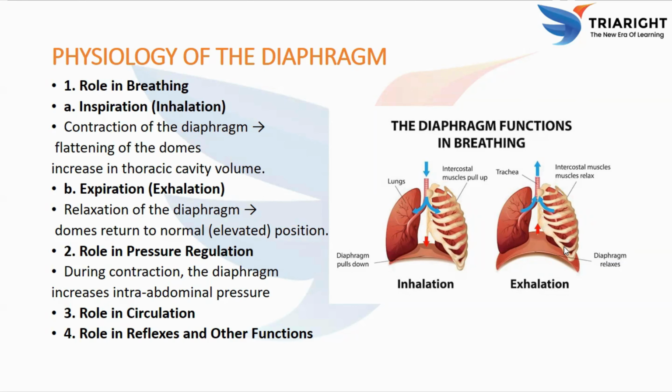The lungs shrink, the ribs move down and the air is pushed out. Here the lungs expand and the intercostal muscles lift the ribs and air enters the lungs. When you inhale, you will feel the diaphragm move down. When you exhale, you will feel it move inward or up. So this is all about the anatomy and physiology of the diaphragm.